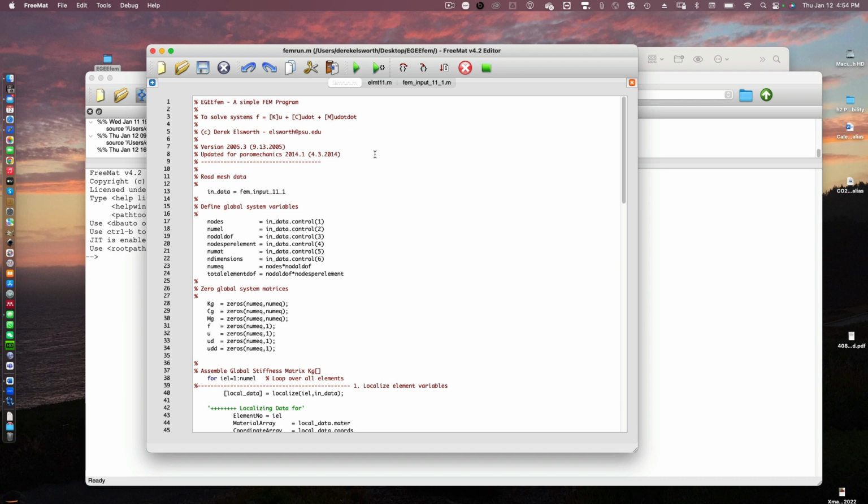It gets all the data in, puts it in the right places, goes to the element subroutine, which you've changed to do exactly what you want, brings that back into a matrix equation, solves that matrix equation, and then uses the element subroutines again to interpret the results to give you fluid pressures and fluid velocities everywhere across your mesh, whatever that is. That's the whole essence of finite element work.